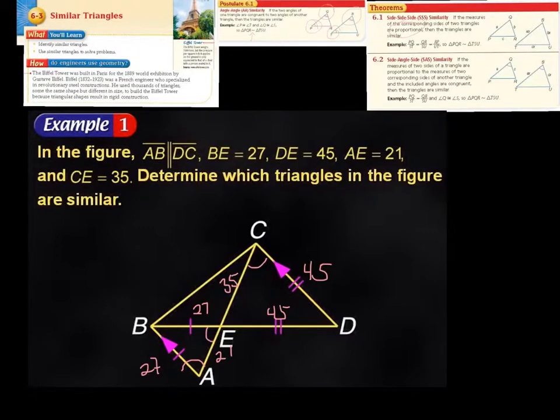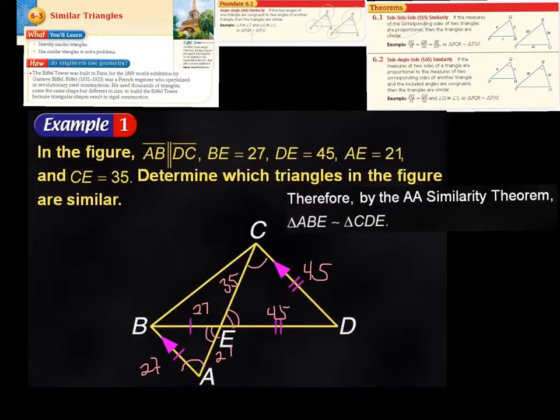And we can see that these two angles are vertical angles. So we could use the angle-angle similarity theorem to say that triangle ABE is similar to triangle CDE.